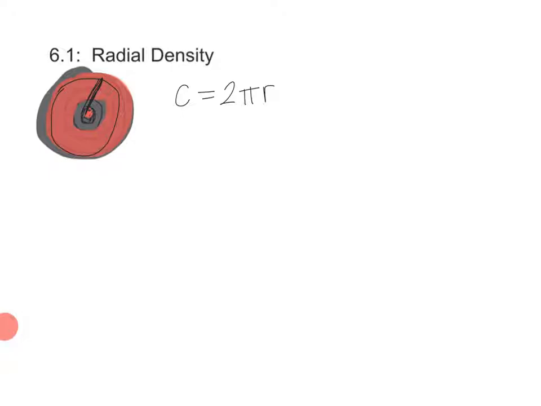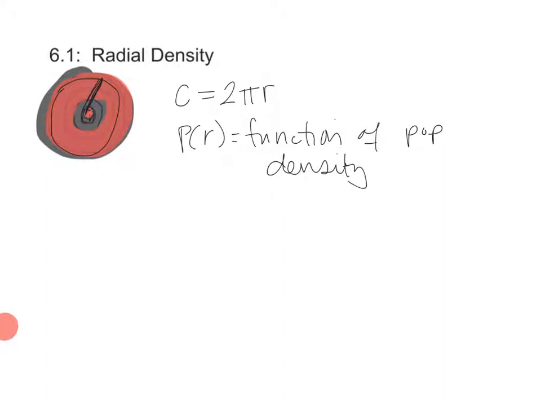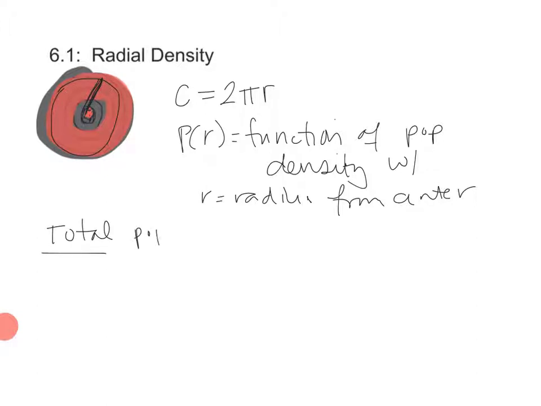So given that p(r) is a function of population density, with r equaling radius from center, the total population from center to outer shell.